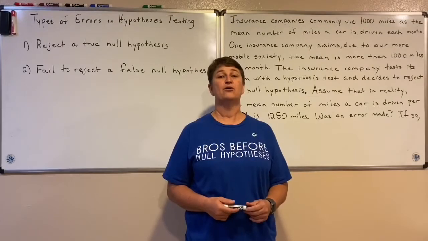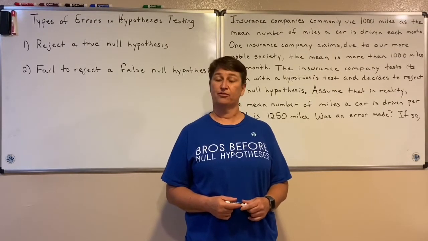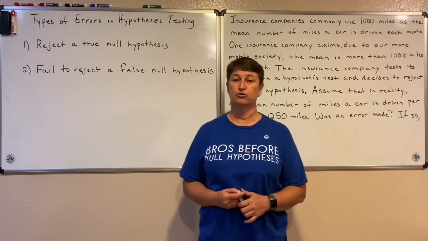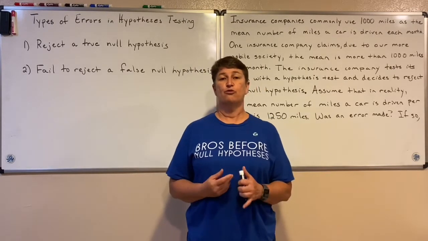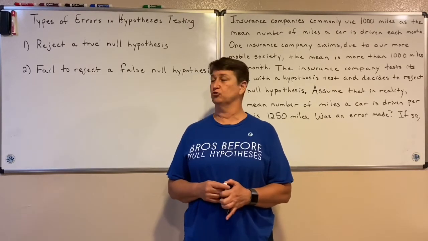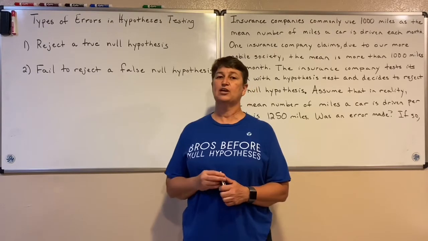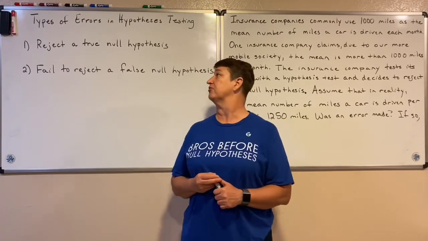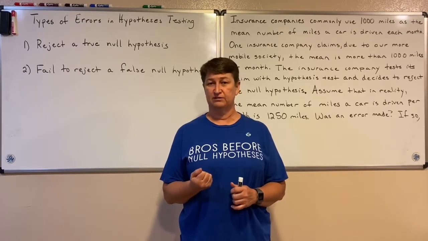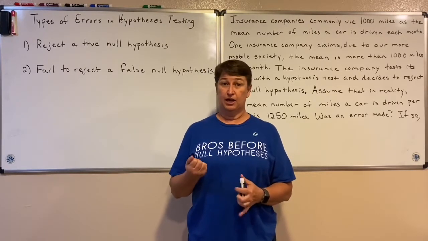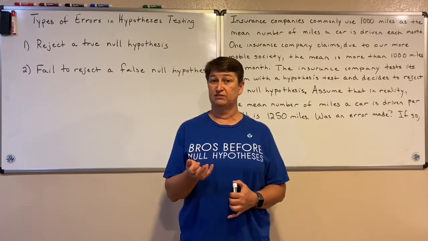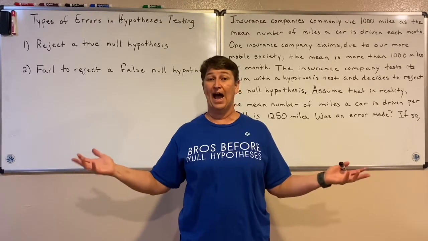Let's talk about conclusions of hypothesis tests and the errors we can make when we have those conclusions. So the first type, or type 1 error, that we can make in our conclusion is to reject a true null hypothesis. In this case, we go out and gather our test statistic and we get a rare outcome where that particular test statistic is way out.